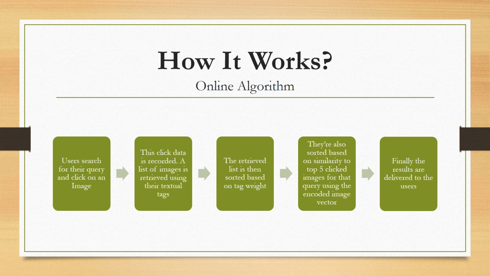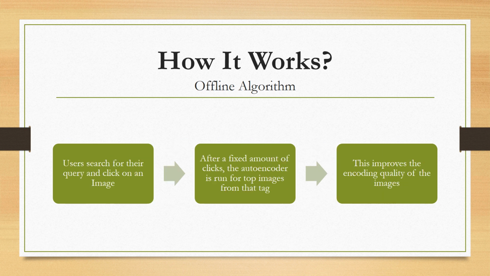Using this information we are predicting how many clicks those images will get, and finally combining the real clicks and the predicted clicks we are returning the list of the images back to the users.